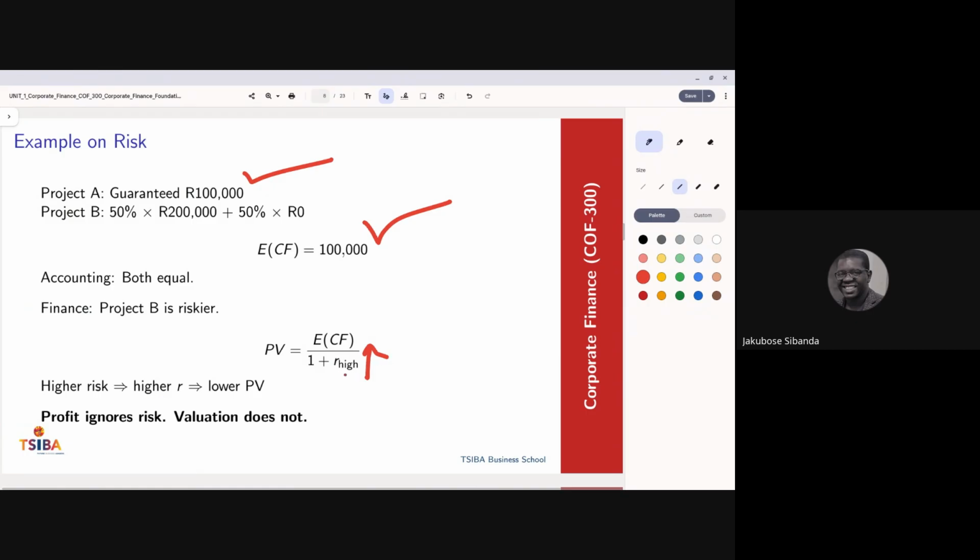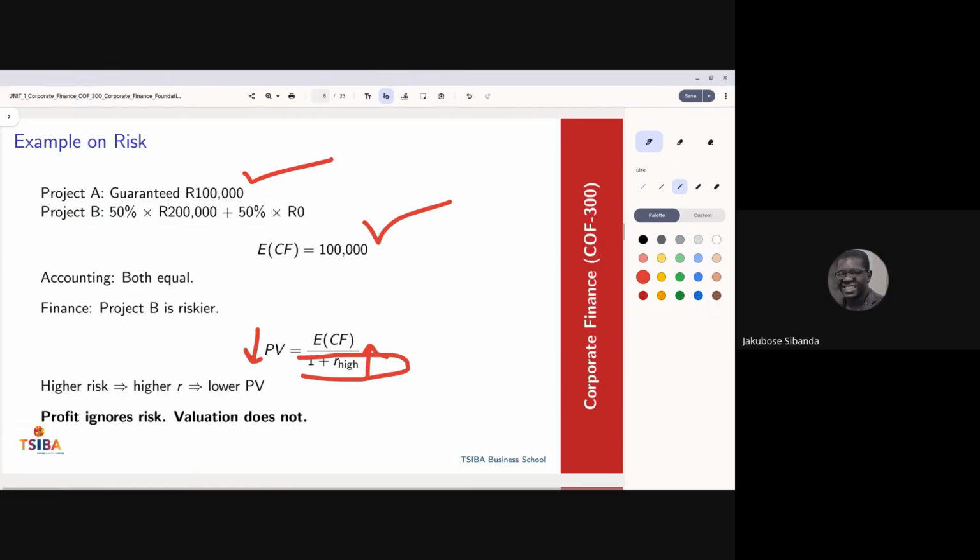And if the R is higher, the number at the bottom becomes higher. So if you divide the top number with a very big number, this number is going to become small. That's why they are saying a higher risk, which is a higher R, will lower the present value. So a higher risk means that company will be cheaper to buy. The value of that company would be cheaper.